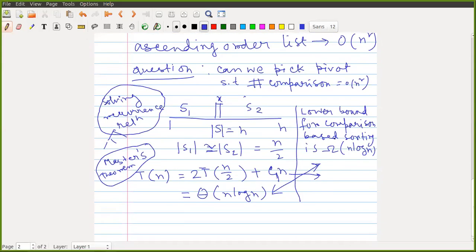So as it turns out, this n log n bound also holds even when S1 and S2 are not exactly n by 2, but are a constant factor of each other. If you work out this analysis, the bound n log n works when the cardinality of S1 and S2 are a constant factor of each other.